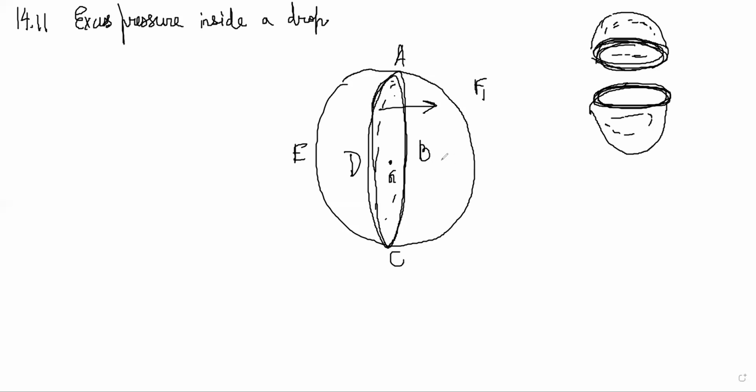The right side will pull this with some F1. Then F2 is due to the air outside the surface ABCDE. So air outside will be exerting some pressure. And F3 is due to the liquid inside the surface ABCDE.